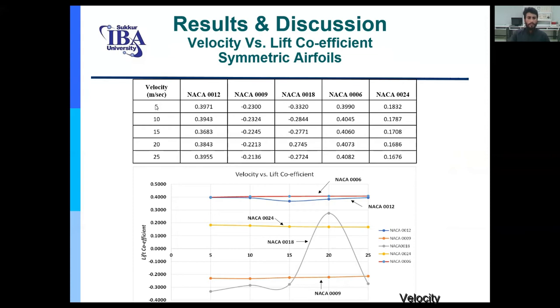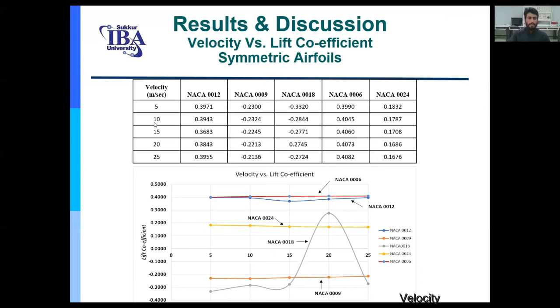If we look at a wind velocity of 5 meters per second, NACA 0012 has a lift coefficient of 0.3971, NACA 0009 has a lift coefficient of minus 0.2300, NACA 0018 has minus 0.3320, NACA 0006 has 0.3990, and NACA 0024 has 0.1832.